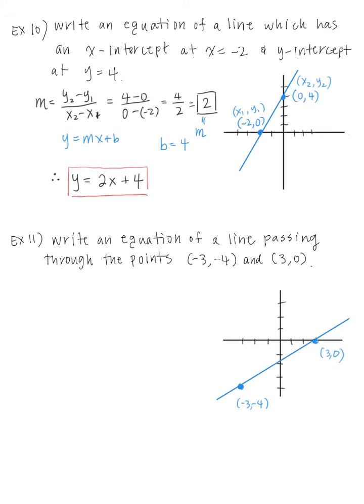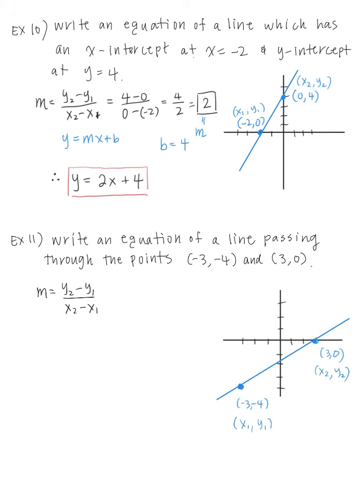Okay, so ready? What's the key ingredient? Slope. So let's do it. Our slope is y2 minus y1 over x2 minus x1. Let's call this one x1, y1, and then x2, y2.